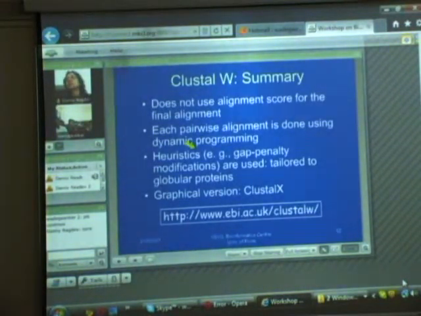This algorithm uses a lot of heuristics, especially, as we have discussed, for calculating the gap penalties, gap opening as well as gap extension penalties, and these are mainly tailored to globular proteins. So when you want to align the sequences of globular proteins, they are very useful.